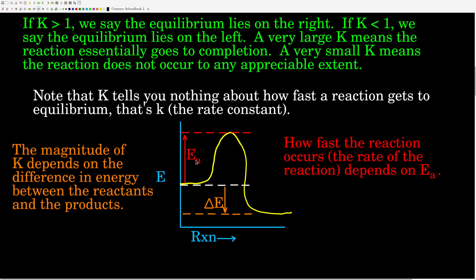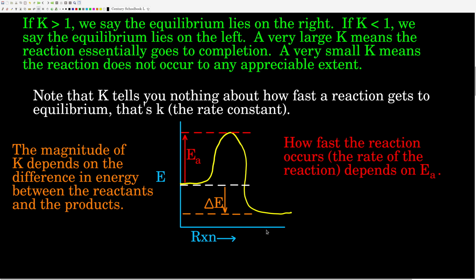Now we can see where these come from and their relationship if we look at a reaction coordinate diagram. Remember, in a reaction coordinate diagram, we have the energy of the system on the y-axis and the reaction progress on the x-axis. Basically, you can think about the x-axis as being time, where at x equals 0, we have only reactants; they have not started to react yet. That's before anything happens.